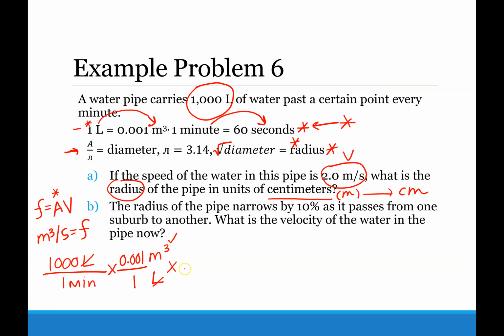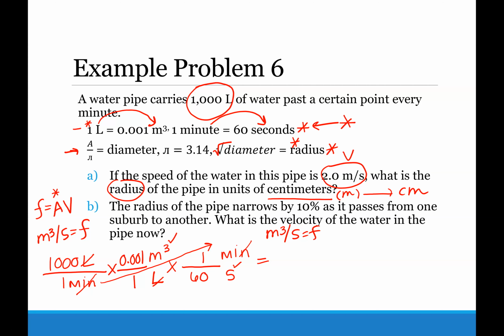So draw your multiplication symbol, draw your division bar, and instead of bringing minutes down, we're going to actually bring minutes up because minutes needs to cancel, and for it to cancel, it has to do the opposite. And so seconds are going to go on the bottom. And so in 1 minute, there are 60 seconds. And so minutes cancel and we're left in seconds.